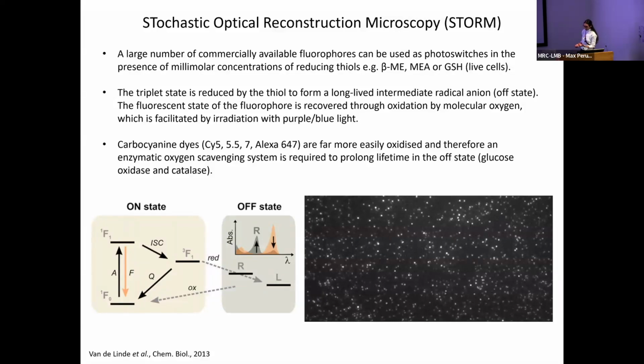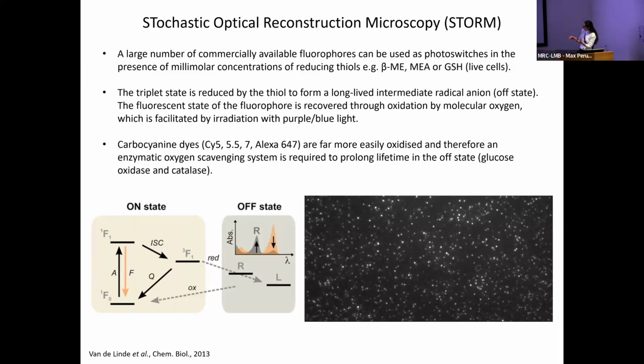So you have fluorophores that are in the on state, but have the ability to go into a long lasting dark state. They're not bleached, they just don't emit anymore. And stochastically, they can go back into the ground state for excitation. That process can be pushed or forced by oxidation or using a blue laser, for example.